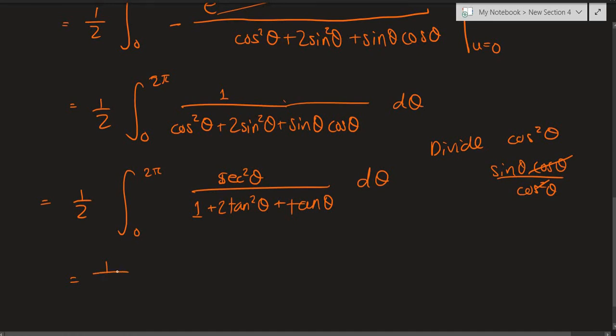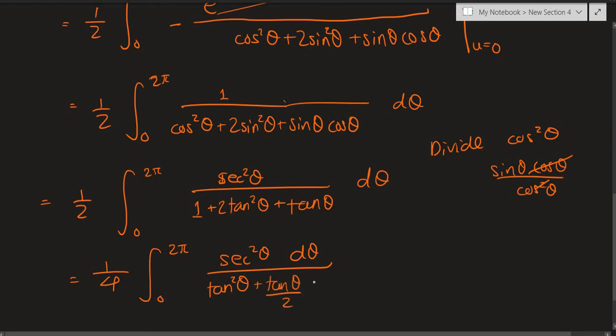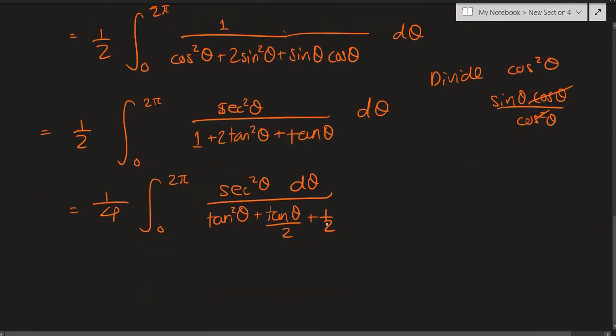So we have 1/2 times 1/2, or 1/4, of the integral from 0 to 2 pi of secant squared theta d theta divided by tan squared theta plus tan theta by 2 plus a half term here.